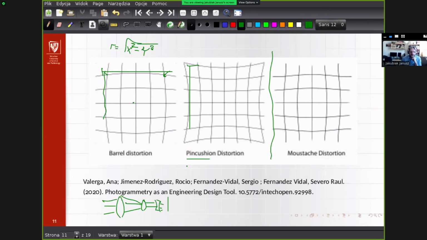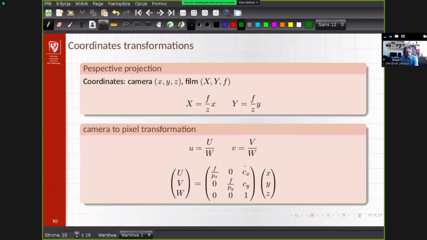What in fact does it mean? All these distortions are just elements that break these equations that we have here. Look at the final formula that we got here: it is a simple linear transformation. All the parameters here are just constants.